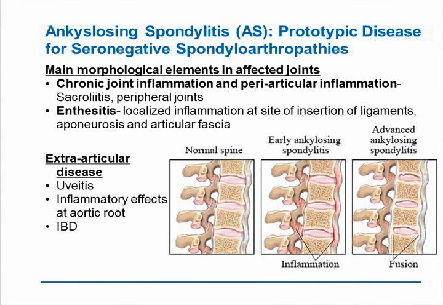And of course, these patients are also at increased risk of inflammatory bowel disease, which we'll come back to more in a moment. But interesting clinical features, and actually what's affected is very different than diseases like rheumatoid arthritis. And this enthesis and enthesopathy is quite unique.